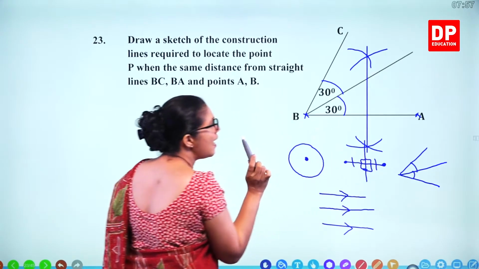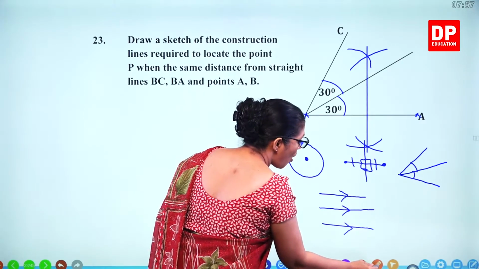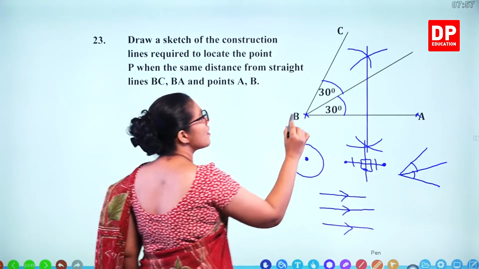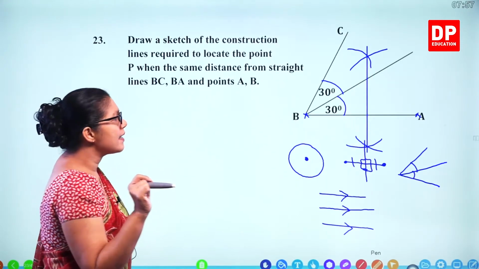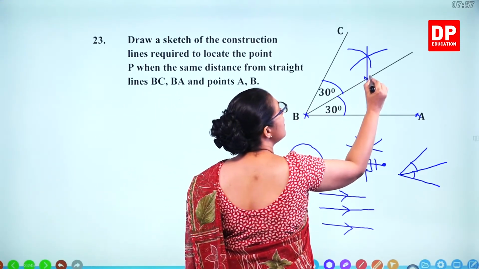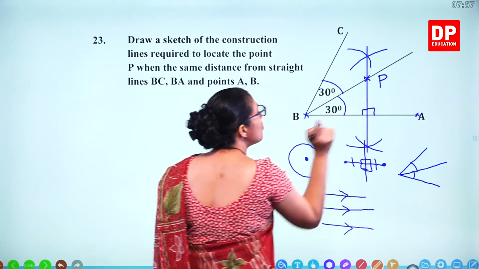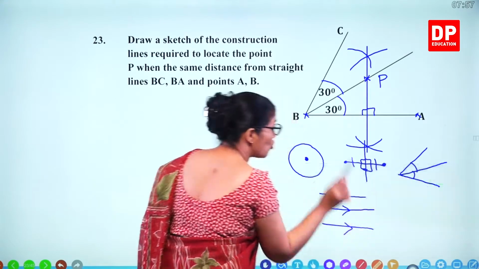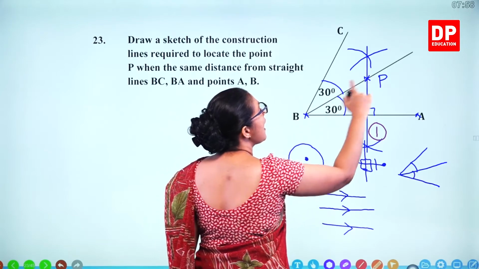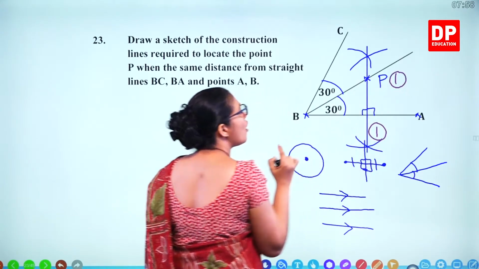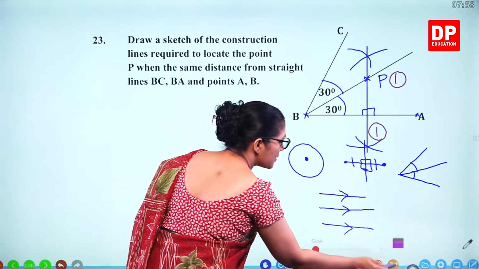That's the perpendicular bisector. Now, where's the point P? Where it meets the perpendicular bisector and the angle bisector. So here is the point P. You get 1 mark for sketching the perpendicular bisector, and marking the point P you get another mark. So 2 marks for that.